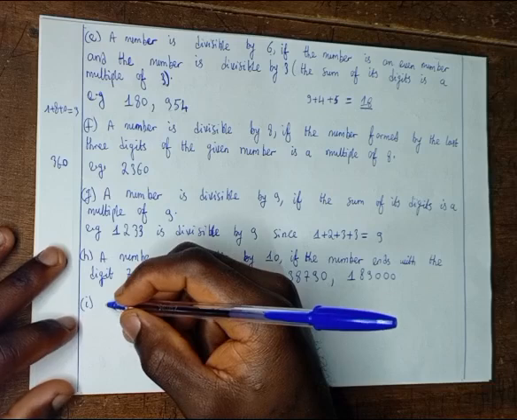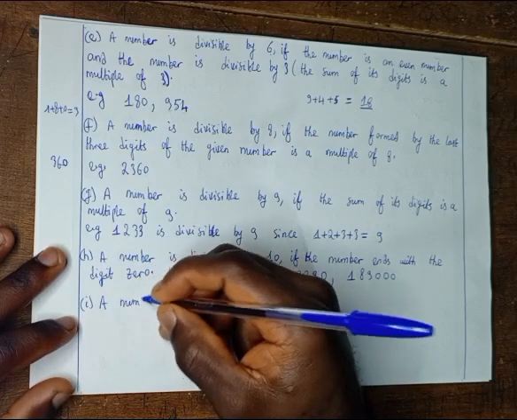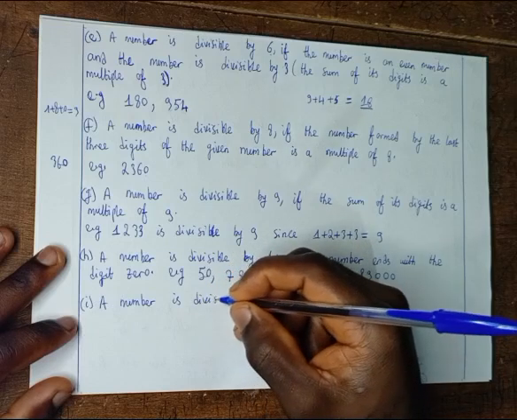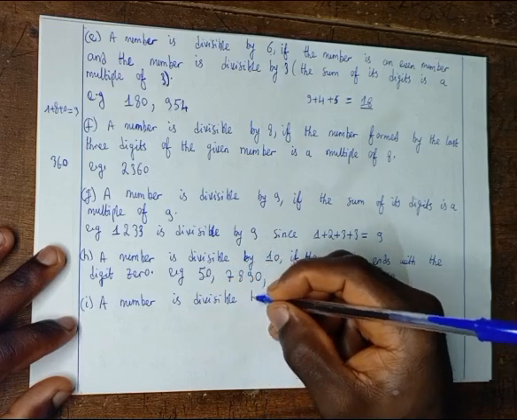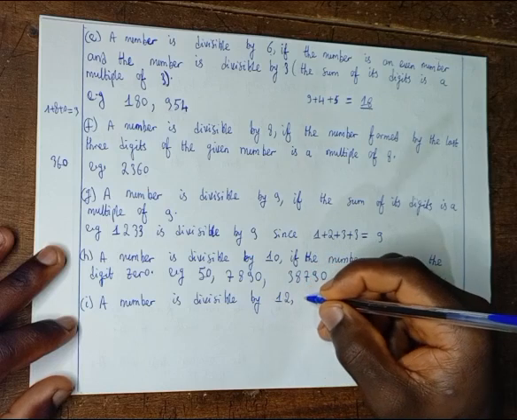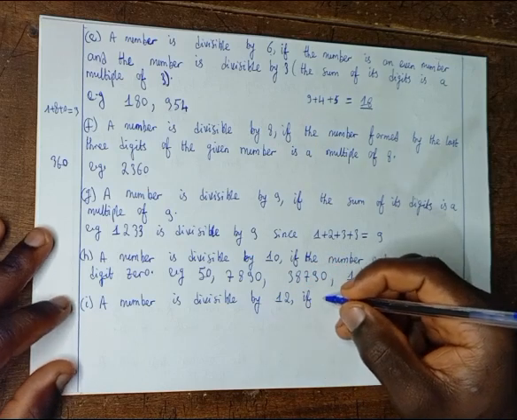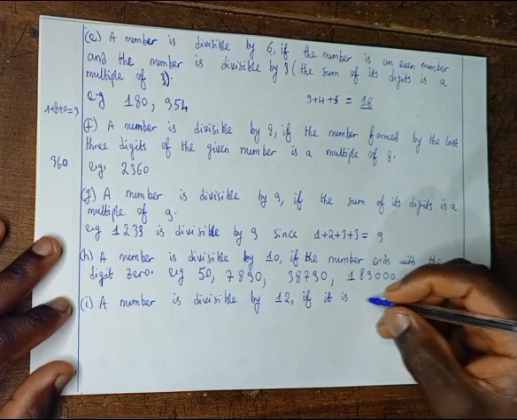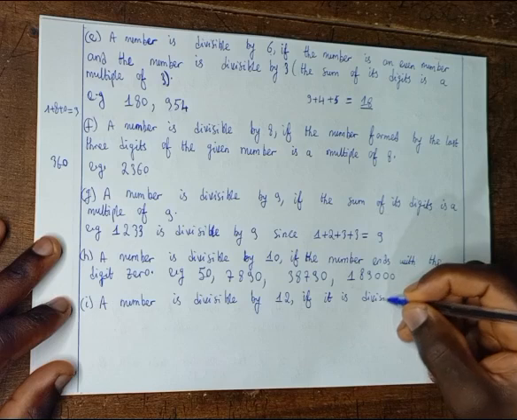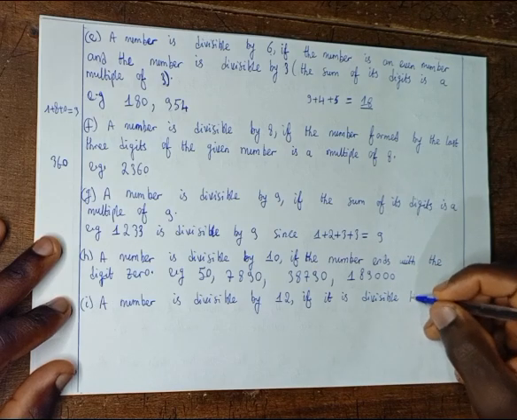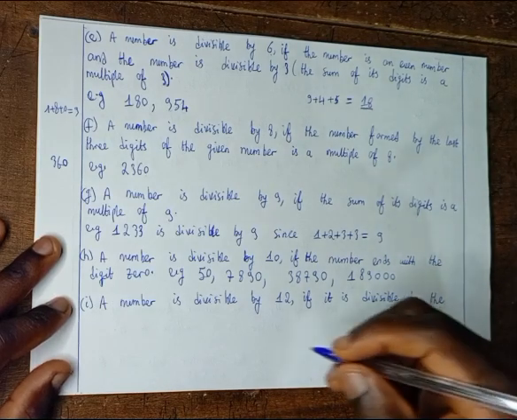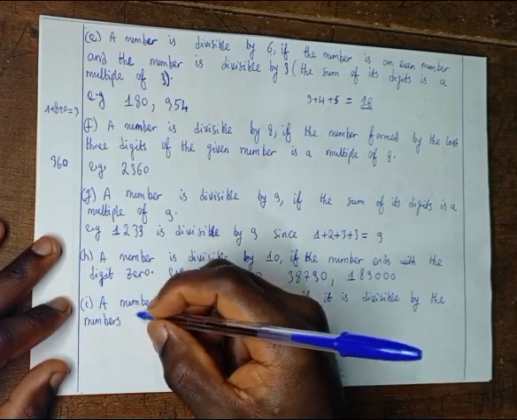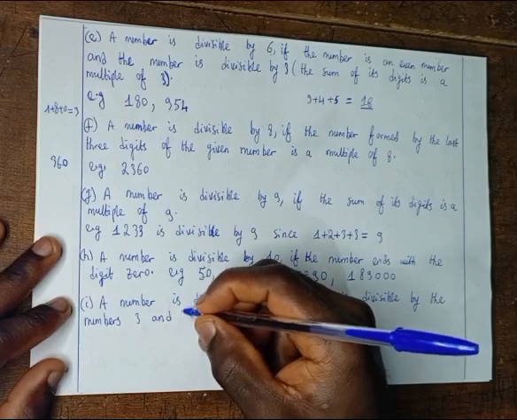Go now to I. A number is divisible by 12 if it is divisible by the numbers 3 and 4.